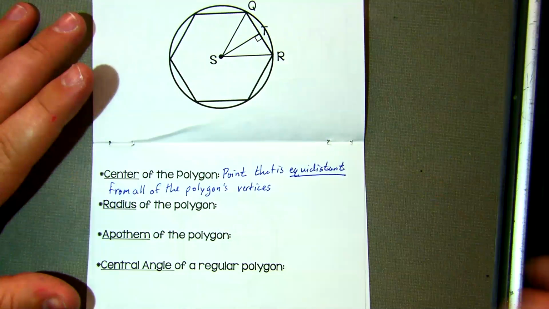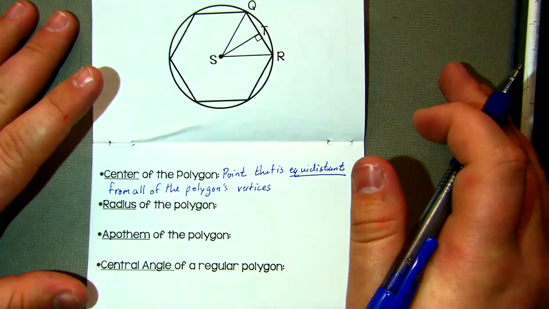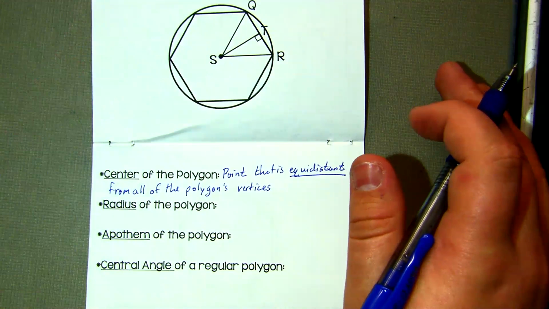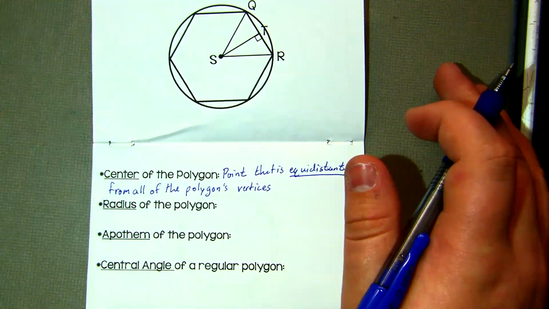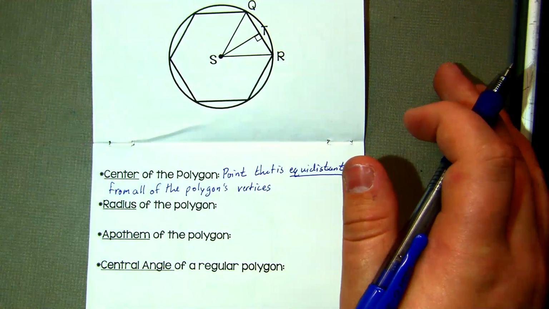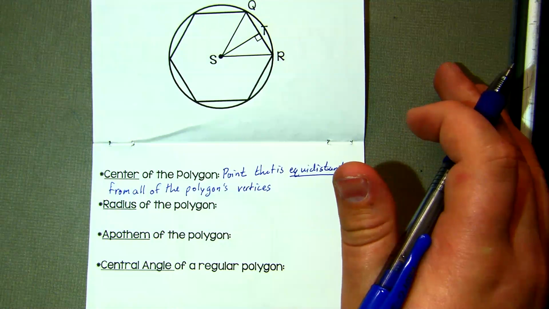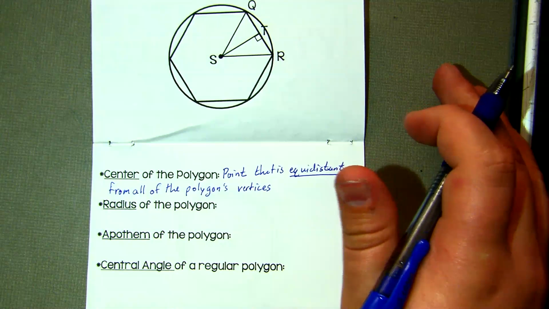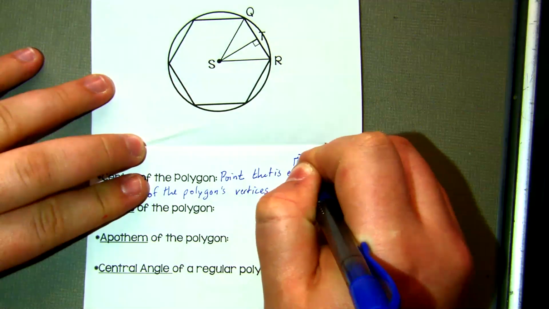What does that word mean? The equal distance? Yeah, exactly. We can just break it apart. Equidistant means that it's the same distance away.